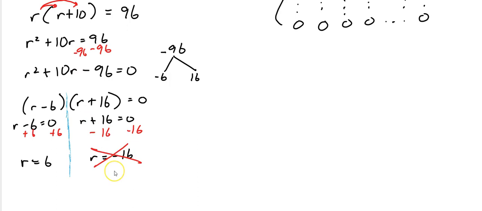So the only logical answer for this one is going to be 6. In the end, you're going to have 6 rows. The orange grove, there are 10 more trees in each row than there are rows. How many rows are there? Well, we know there are 6 rows. Like I said, we're going to do a bunch of these in Hawks, so don't stress.